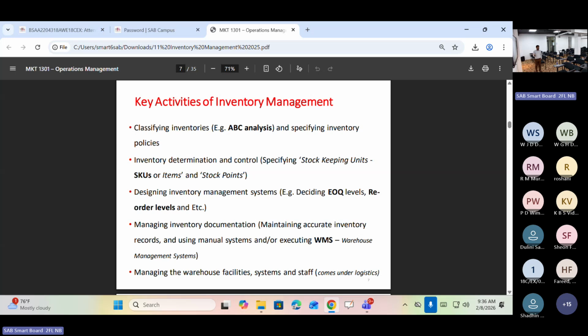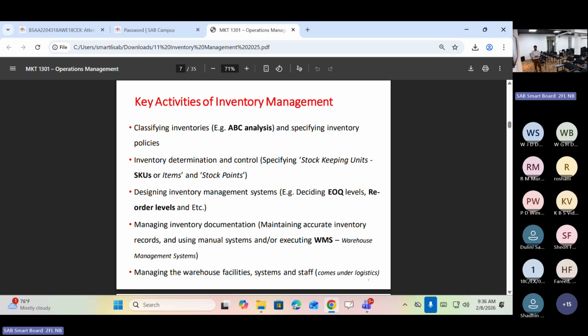It could be manual systems like bin cards and various other manual systems, or information systems like WMS, warehouse management systems, right? Software, information systems to keep records and update them real time. So that comes under inventory documentation and record maintenance, which is another key activity of inventory management.